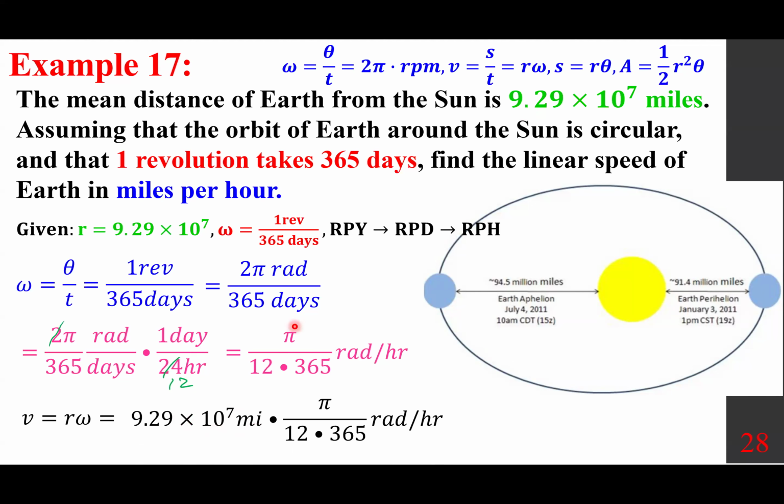And omega is pi over 12 times 365 radians per hour. You put that into a calculator, and it gives you 66,633.324 miles per hour. You can estimate very close to 67,000 miles per hour.